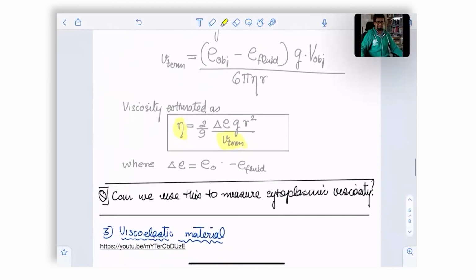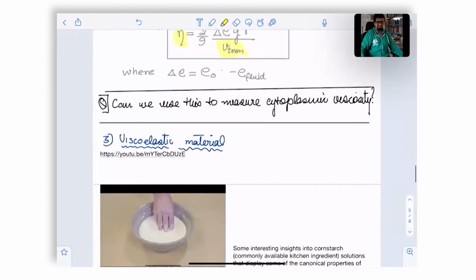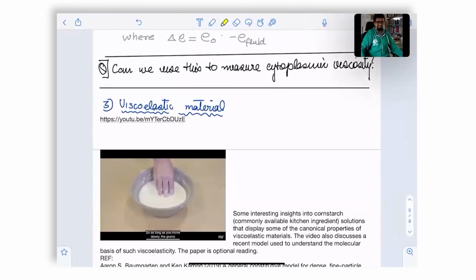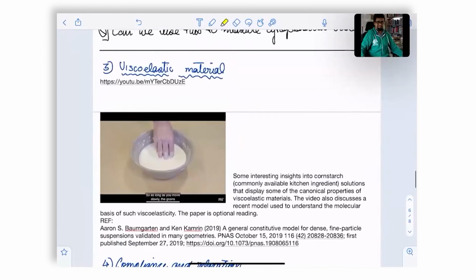But for now, we will go to the last part of the section that I wanted to discuss, which is regarding viscoelastic materials. Now, there's a YouTube link here, a demonstration made by folks who mixed corn flour, a kitchen ingredient, with water and described it in a research paper in Proceedings of the National Academy of Sciences of the USA about a general constitutive model for a dense fine particle suspension validated in many geometries.